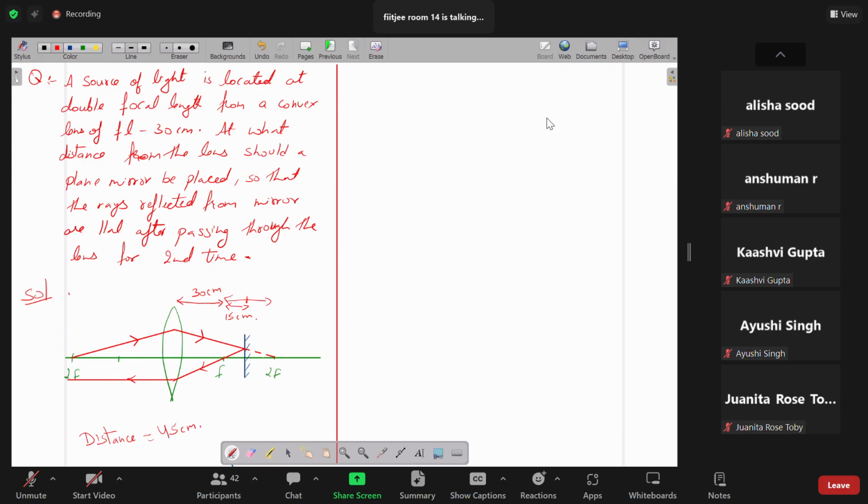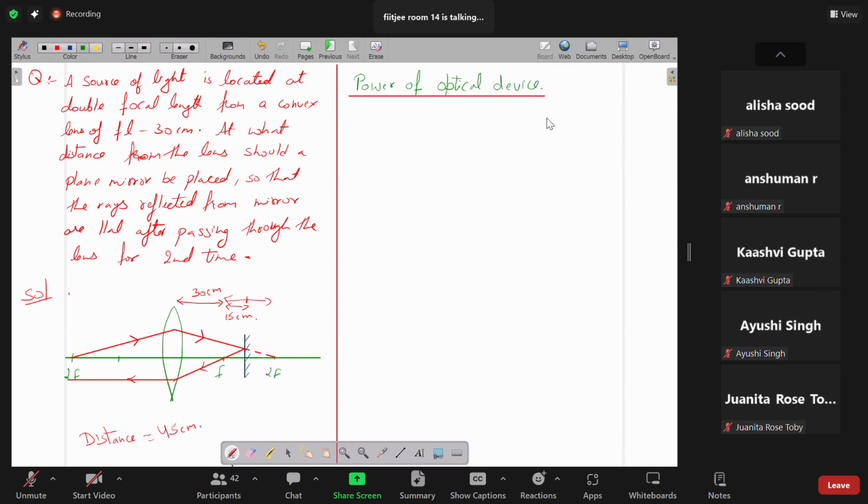Now write down power of the lens or optical device. Okay, so what is power?